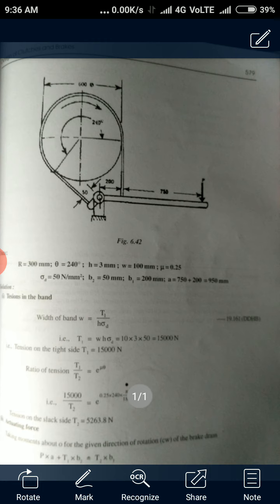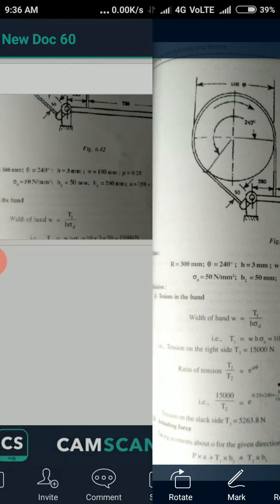So T1 makes a clockwise moment about O, T2 makes an anti-clockwise moment, F makes a clockwise moment. So clockwise moment on one side, which is F and T1, and T2 makes a counterclockwise moment on the other side. So what I can write here, P or F into A plus T1 B2 equal to T2 B1, force into distance.